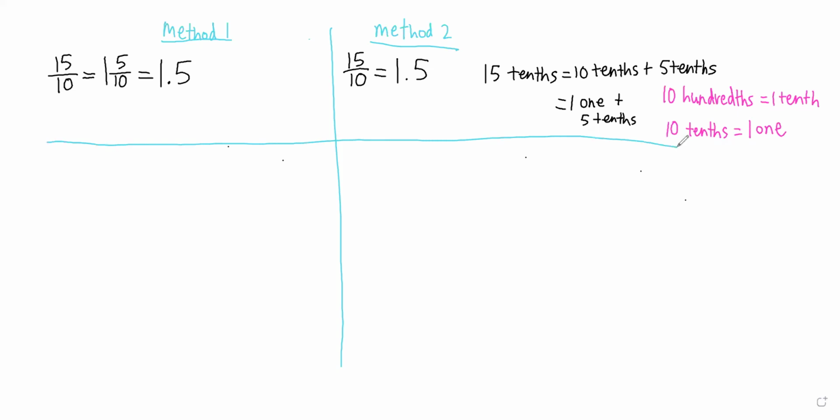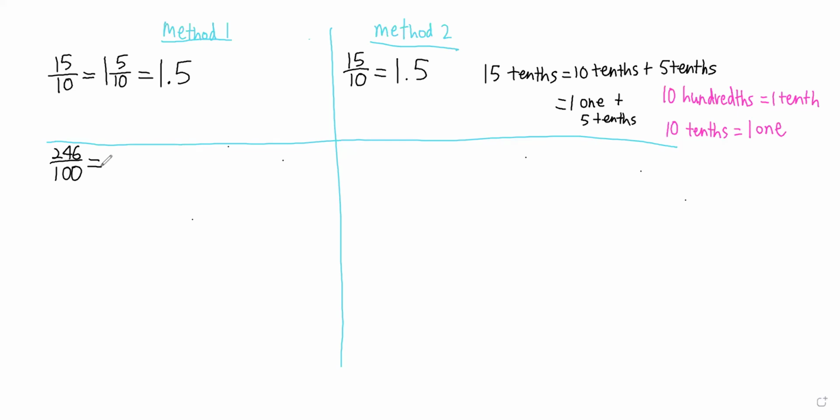Now let's try a second question. So let's say now I want 246 hundredths. I want to convert this into a decimal. Okay, for 246 hundredths, I can do what I did just now and convert this into a mixed number.